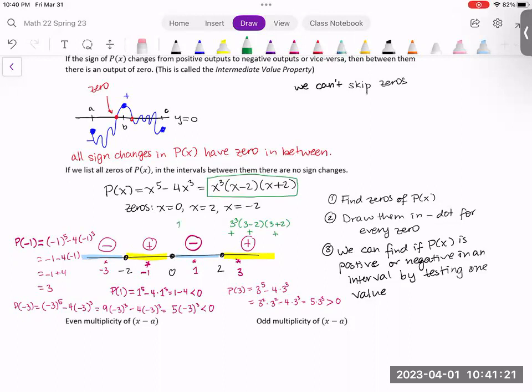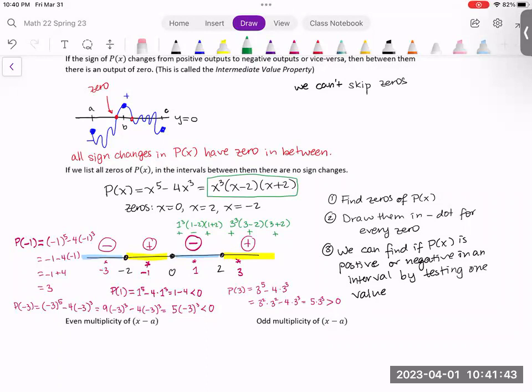If we look at 1 cubed times 1 minus 2 times 1 plus 2, in this factored form, all we need to worry about is the sign. We have a positive thing times a negative thing times a positive thing. We've got 1 negative, so they multiply to give us a negative.